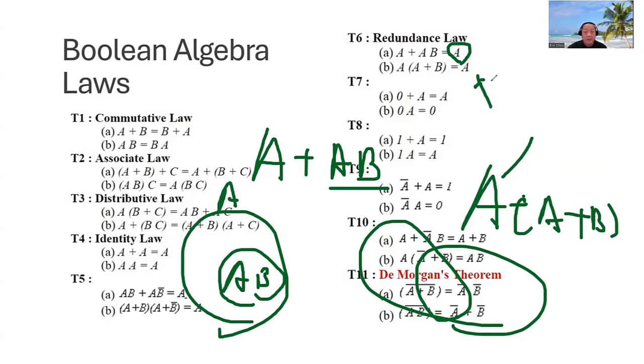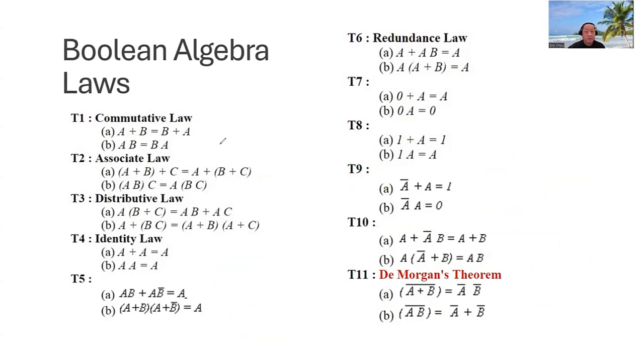That's the A set. So this is a redundancy rule, okay? That means that you AND another bigger term is of no use. You OR a smaller term is also of no use. That's what this redundancy rule says.